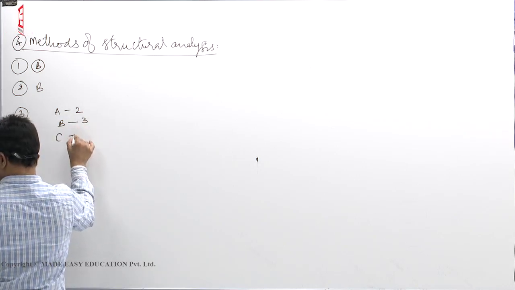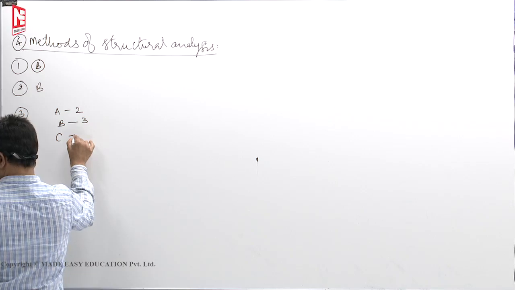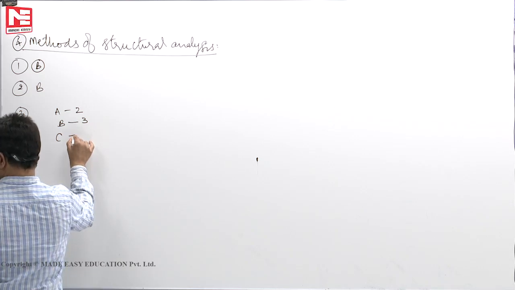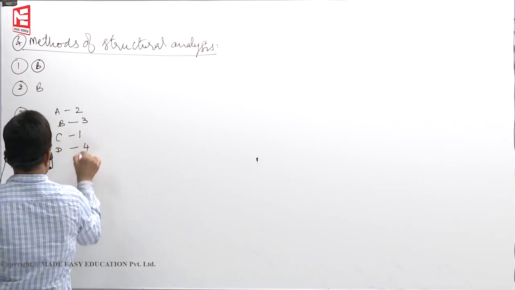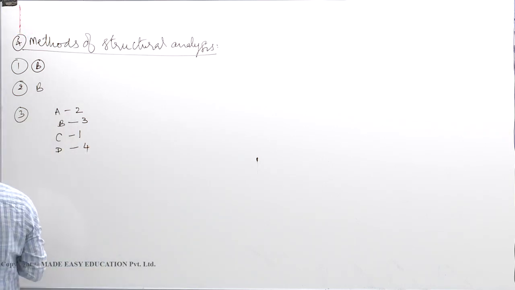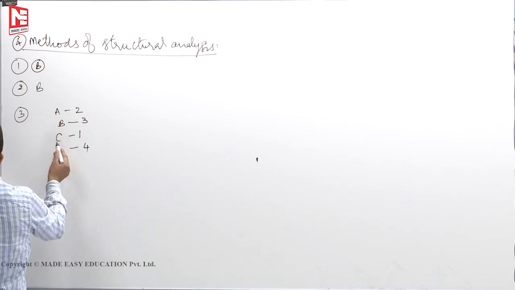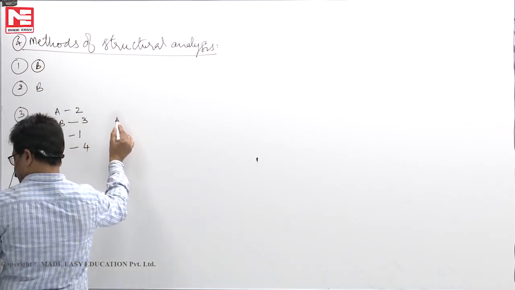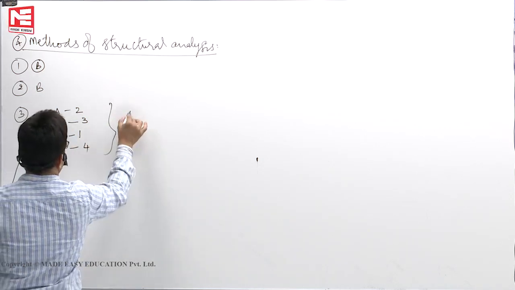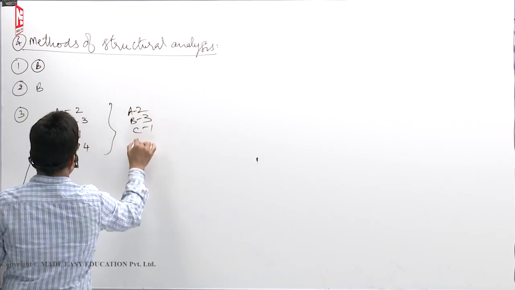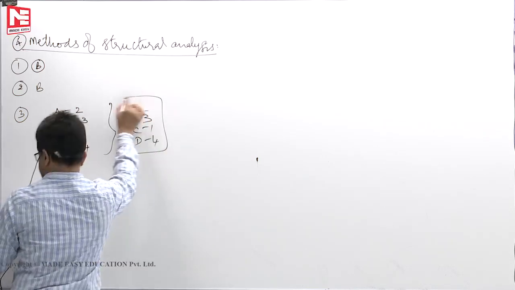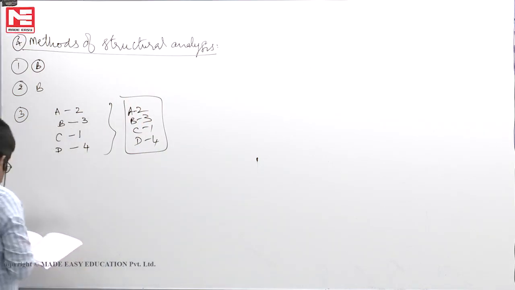Muller principle, influence for redundant structures. You can take redundant structures. Kani's method, analysis of multi-storied frames. So like this. We have to match like this only. A2, B3, C1, D4. This is what you have to write. Match the following means like that.